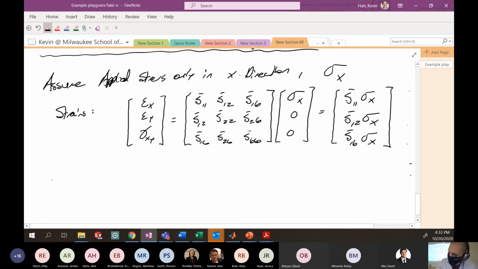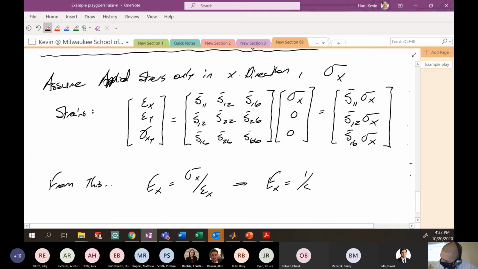So from this, remember we saw that the modulus in the x direction, which is the stress in the x direction over the strain in the x direction, leads to the relationship that Ex is 1 over S bar 1, 1, or S bar 1, 1 is 1 over Ex. These are relationships that we saw from this mock tensile experiment in the x direction.